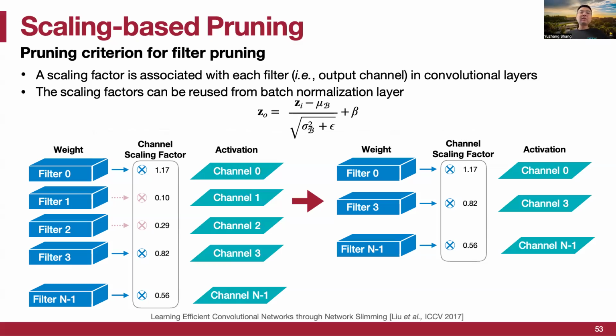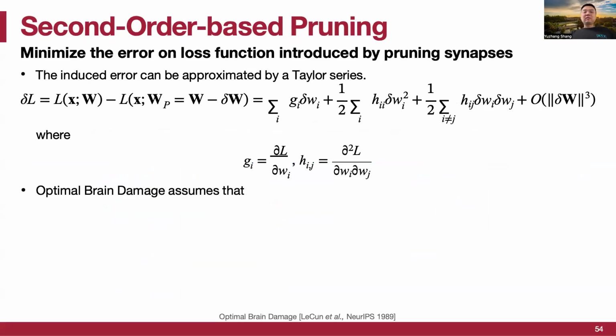And this is the scaling-based pruning method. Basically, the high level idea is not that hard. And the third paradigm is the second order based pruning method. This is also very important.